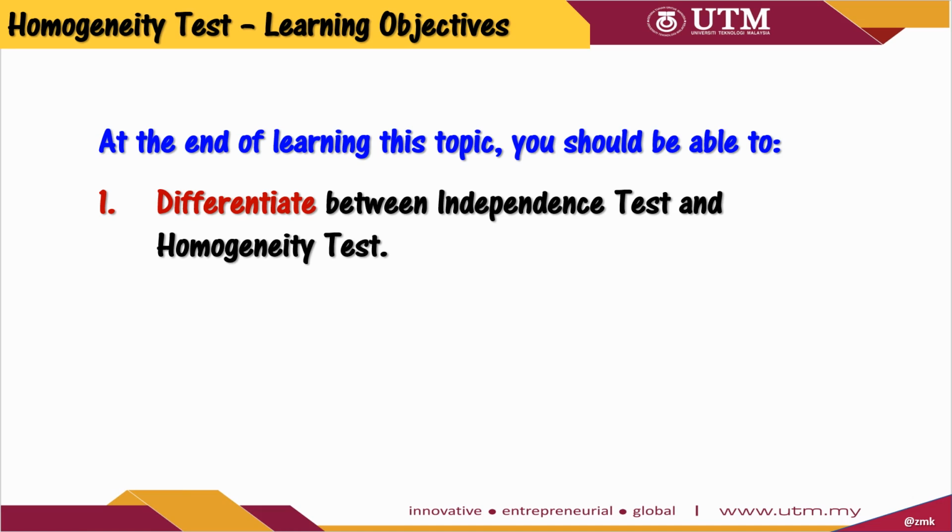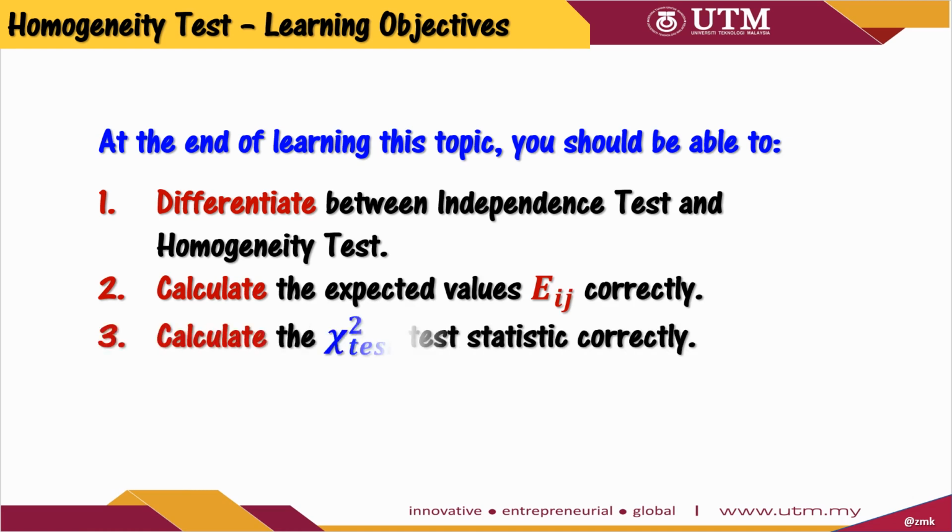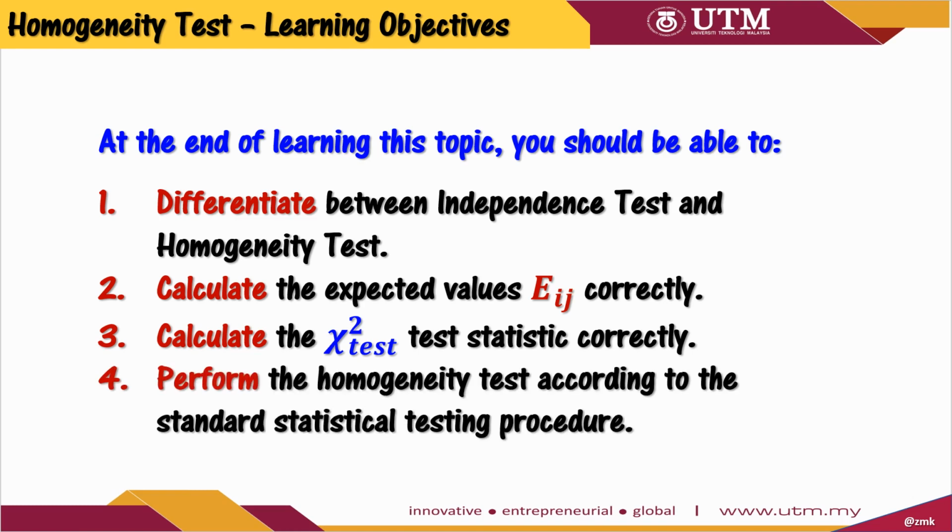Next, you should be able to calculate the expected values denoted by Eij in a homogeneity test correctly. You should also be able to calculate the chi-squared test statistic value using the correct formula specific for a homogeneity test. And finally, you should also be able to perform the homogeneity test according to the standard statistical testing procedure.